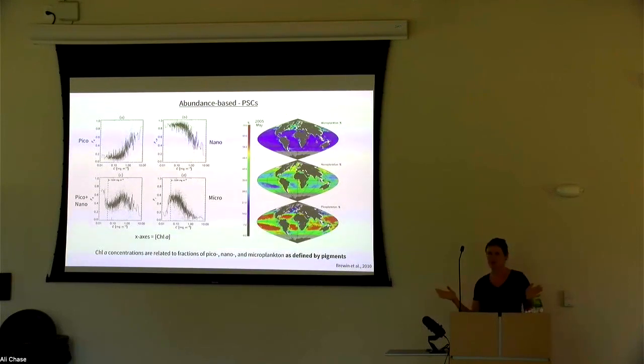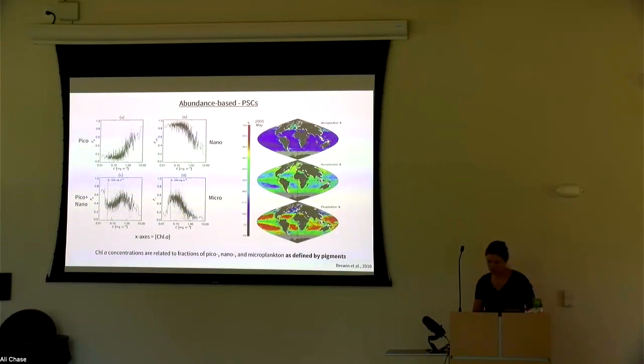I think they've probably come up in the last few weeks, but the pico, nano, microplankton. So the smallest up to 2 microns, and then 2 to 20. Some debate around the best cutoff for nanoplankton, and then cells larger than 20 microns considered microplankton.